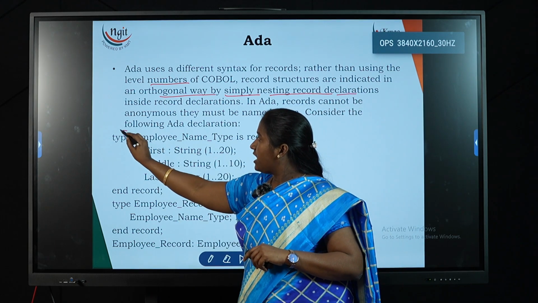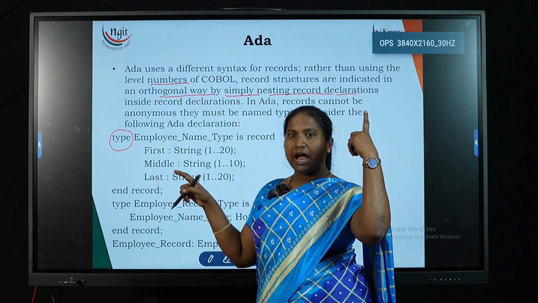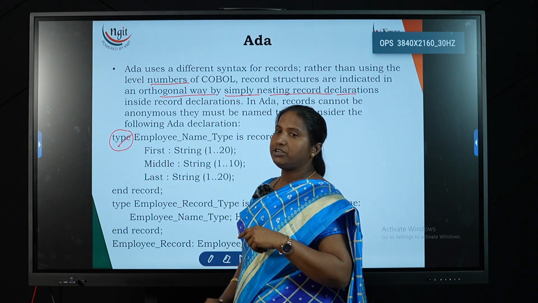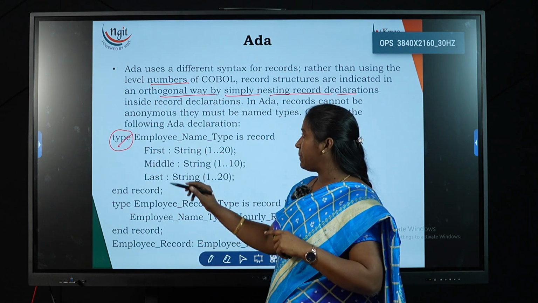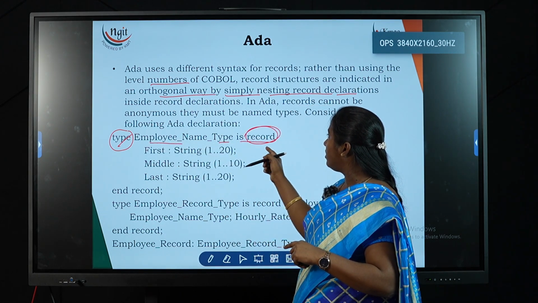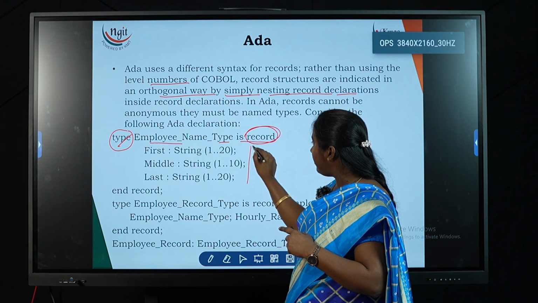I'm using a type keyword. We came to know about subrange, correct? Ada will use a data type which is subrange. Type is a keyword to specify what it belongs to. Now employee name, type is record. So this is the record data structure I am using for Ada, and these are the fields in the record.